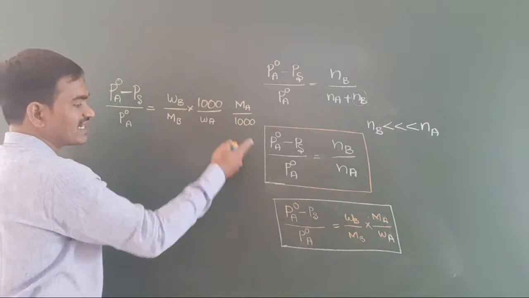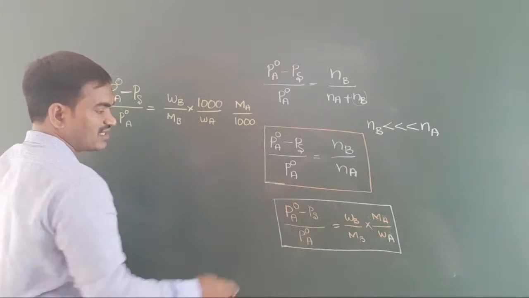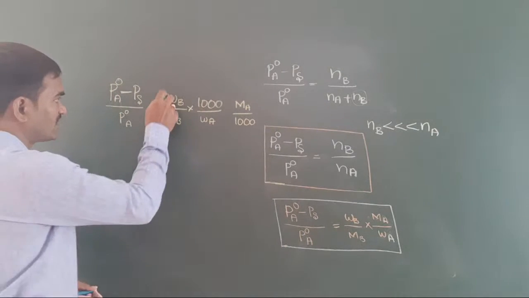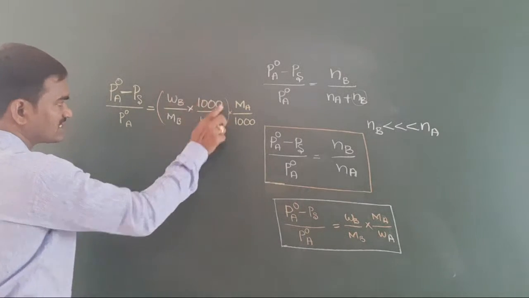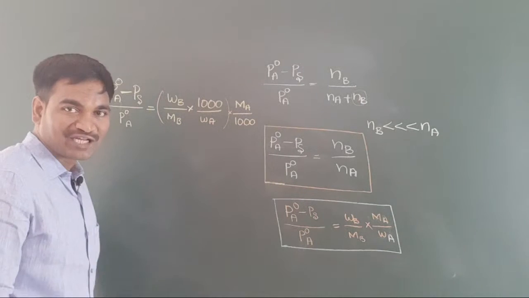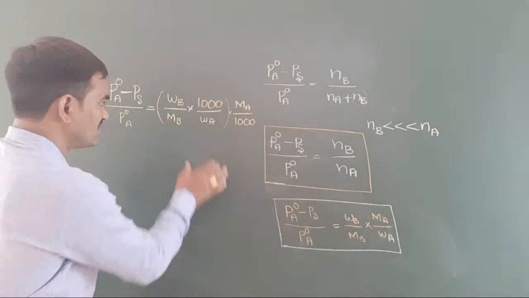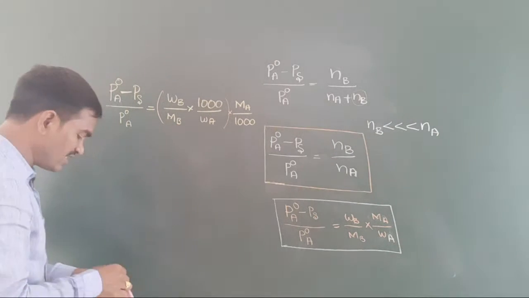These two cancel, and again we get the same relation. So finally what we are getting here is nothing but molality. Molality formula you all know very well. This is molality, small m.